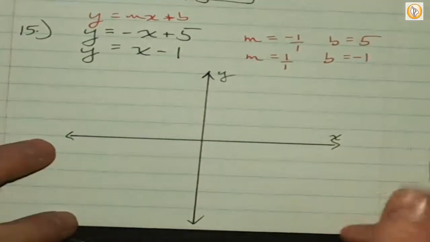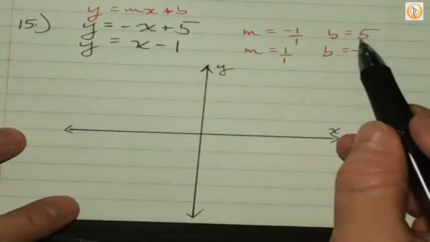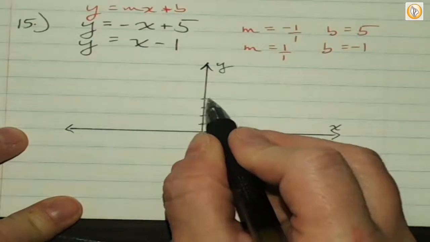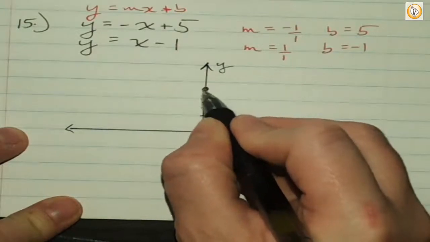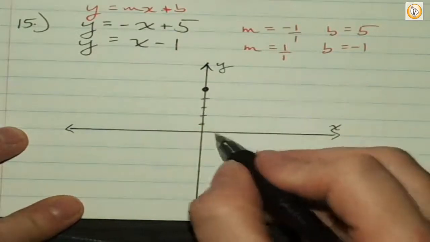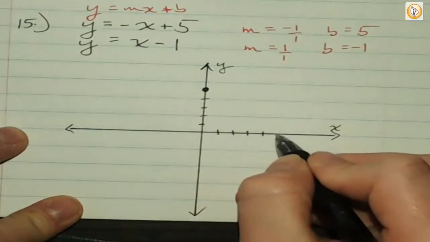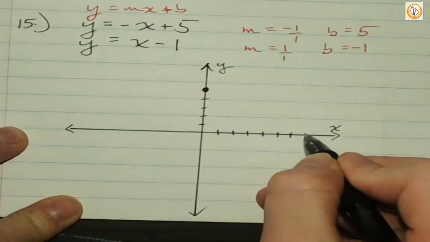Okay, so this one, we have positive 5, so let's add it: 1, 2, 3, 4, 5. And it's negative 1/1. I'm going to try to space these out perfectly, but you know it won't be.